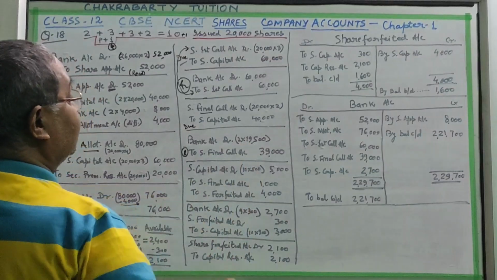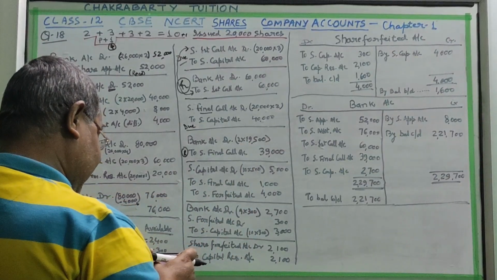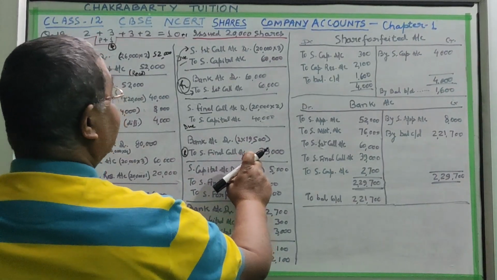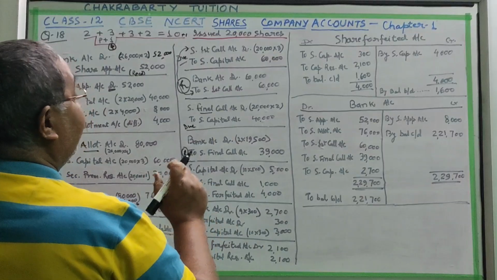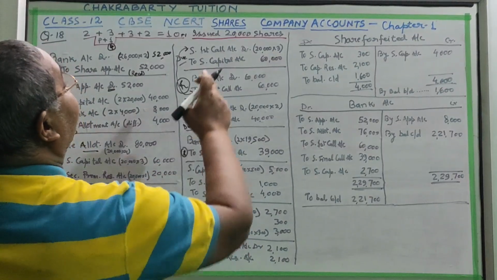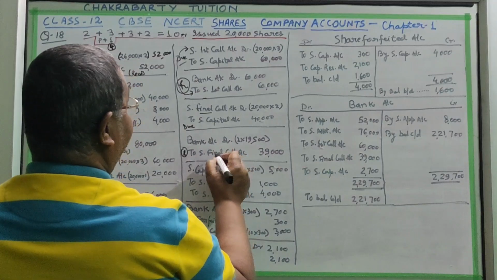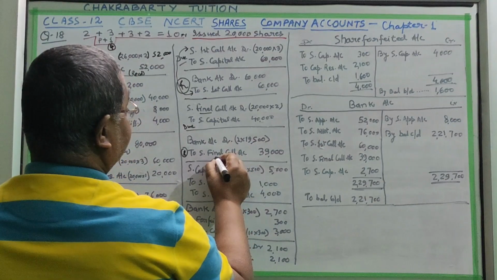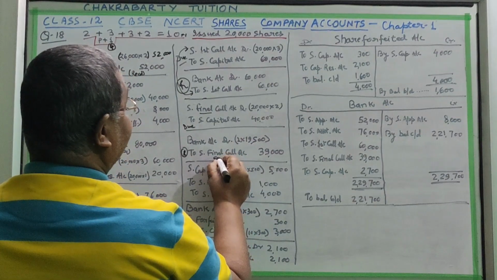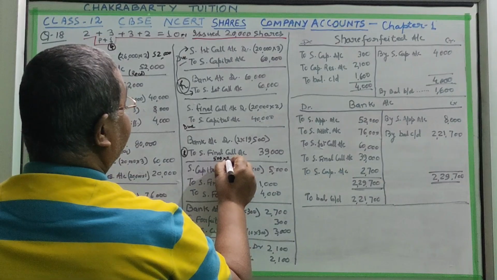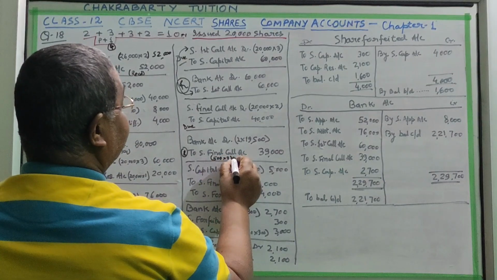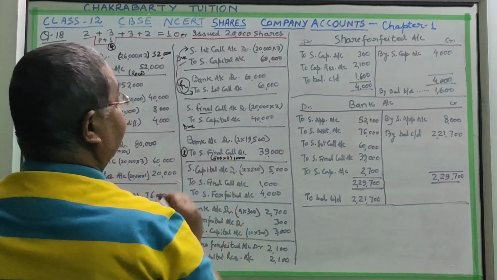Receiving: in the question they say 500 shares failed to pay. It means you will not receive the money on 500 shares at the rate of 2. So 500 shares at the rate of 2 you have not received. It means 1,000 you have not received.